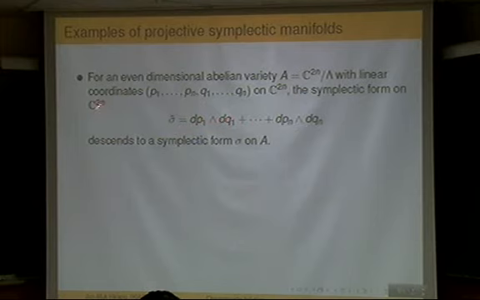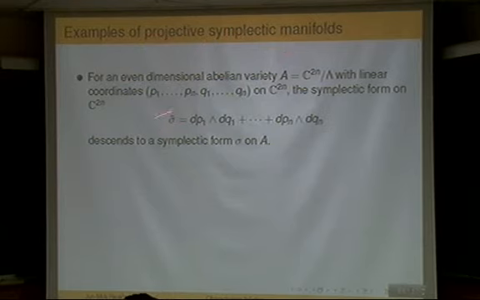Now it's invariant under translation, so it descends to a symplectic form on the abelian variety. So any even dimensional abelian variety has such a symplectic form. So an even dimensional abelian variety is an example of a projective symplectic manifold.